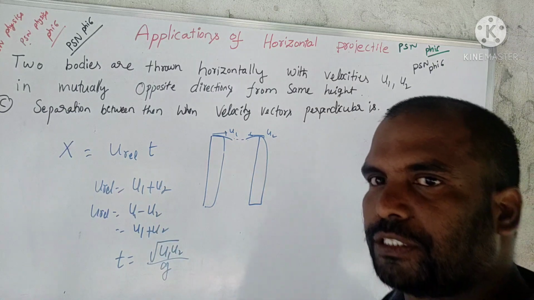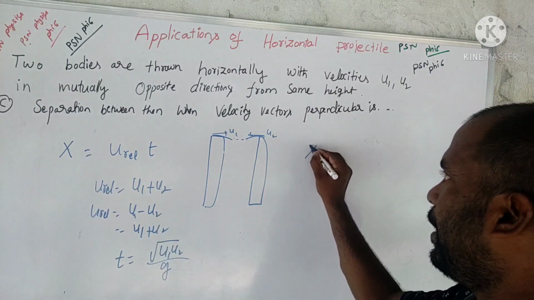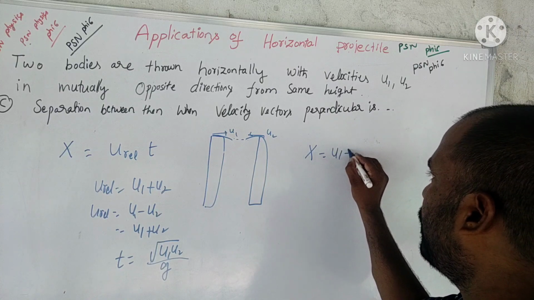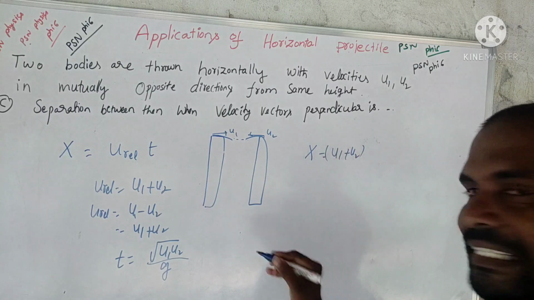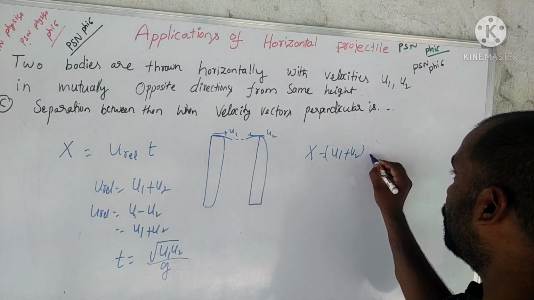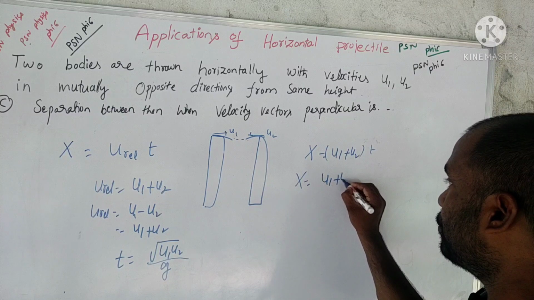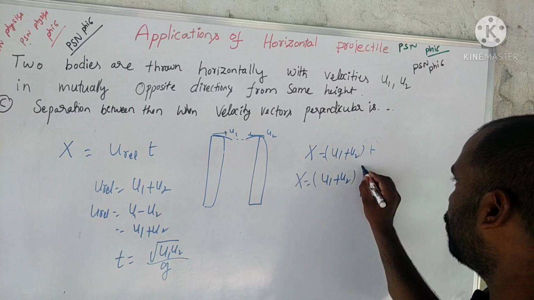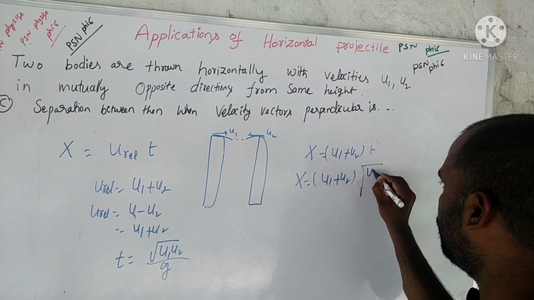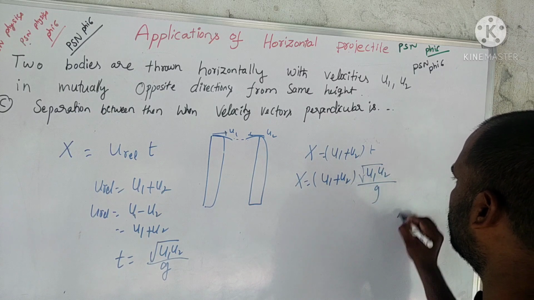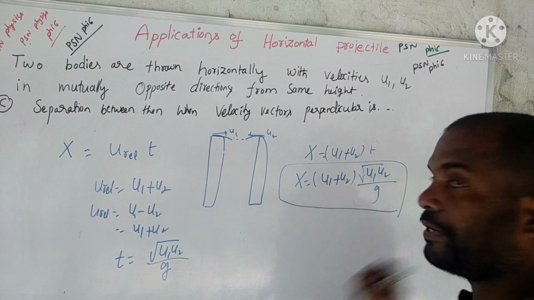Therefore, separation x is equal to u relative, u1 plus u2, into time t, that is x is equal to u1 plus u2 into root over u1 u2 upon g. This is the expression for separation.